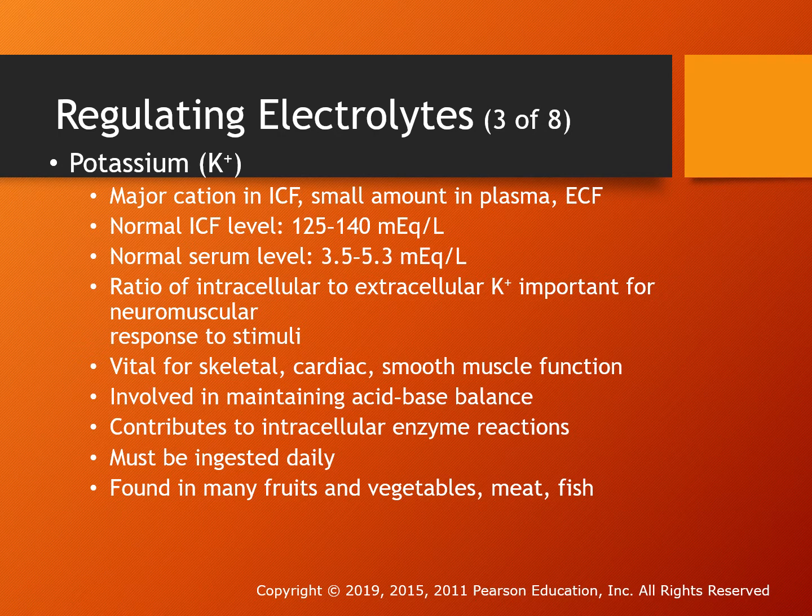Some places say 3.5 to 5.0, and ATI may say 5.0, but your text references 5.3. For me, that's on a higher end because I'm used to seeing 3.5 to 5.0, but we will go by the text. The ratio of intracellular to extracellular potassium is important for neuromuscular response.